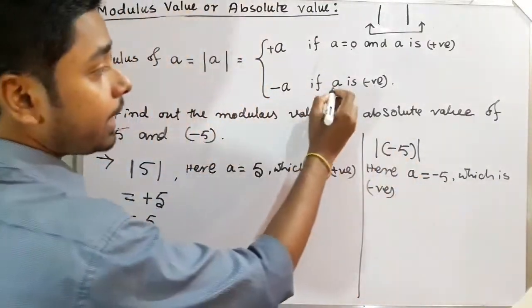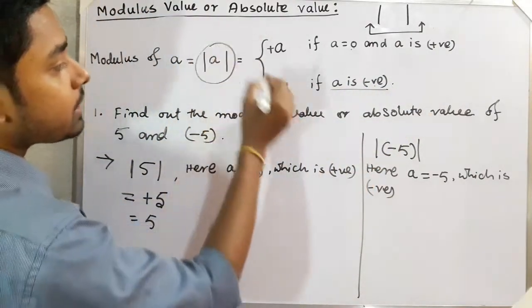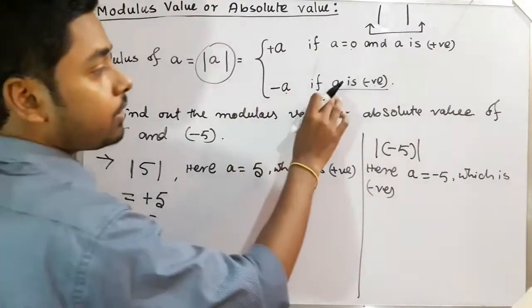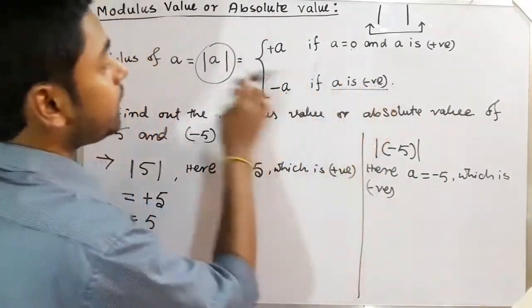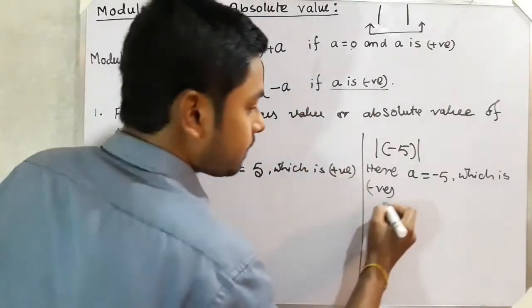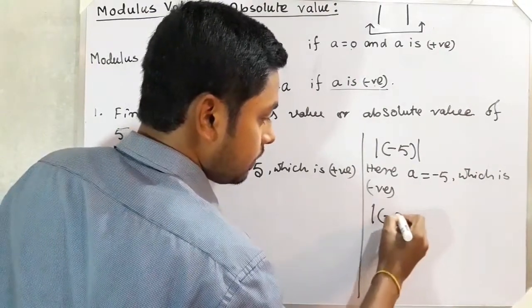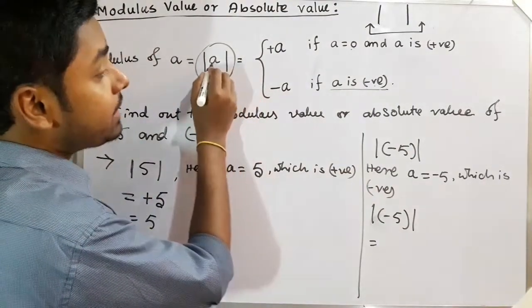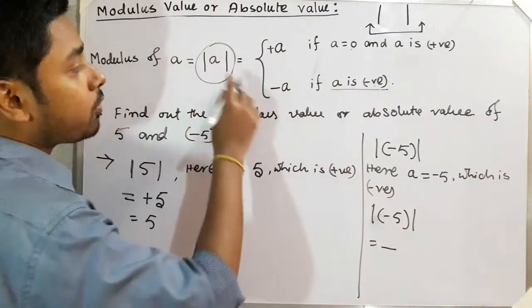So whenever a is negative, then the value of modulus a is equals to minus a. Okay, whenever value of a is negative, then modulus value of a is equals to minus a. First of all you have to take a minus, then you have to write down a.